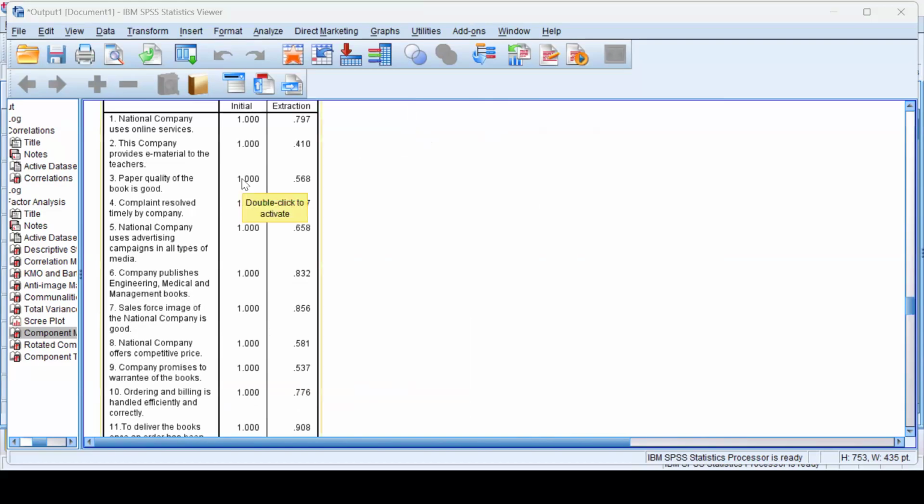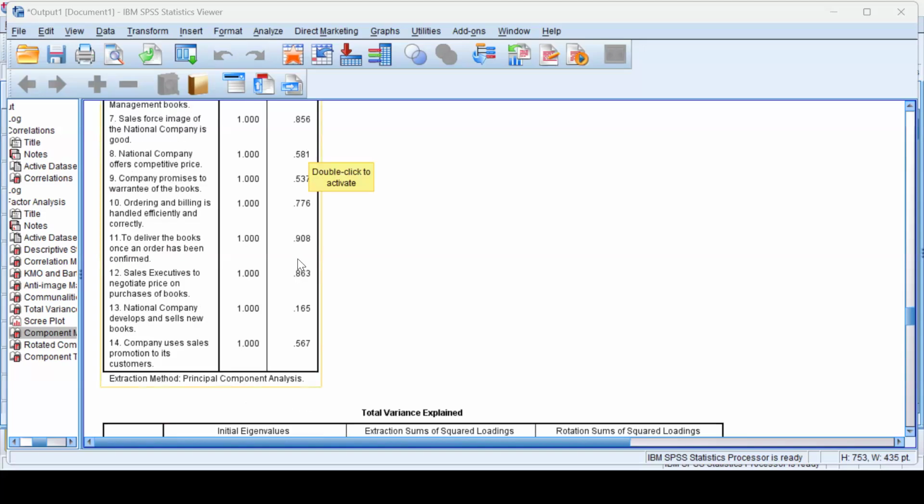So question number 1, the communality value is 0.791, it is okay. But question number 2, 0.410, less than 0.5, same as question number 13.